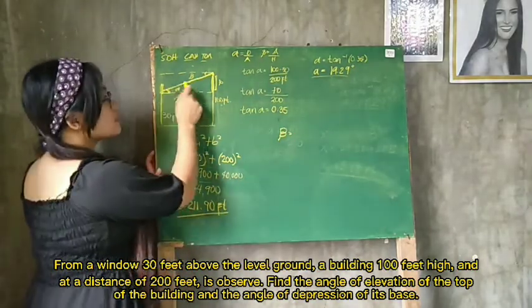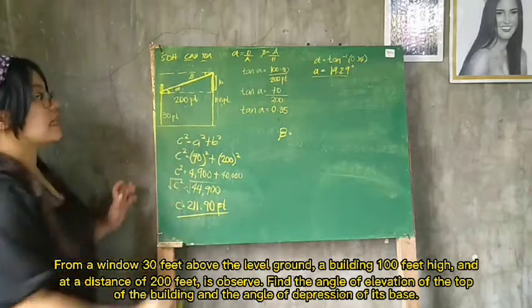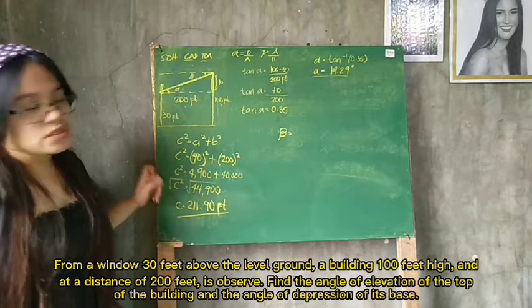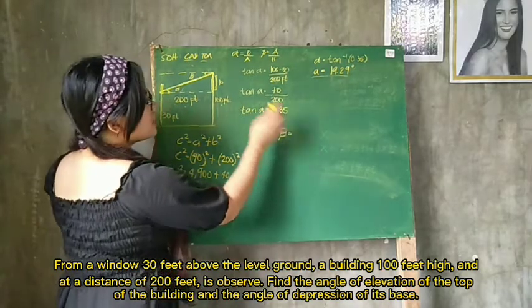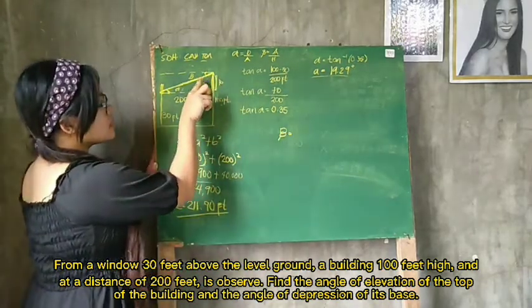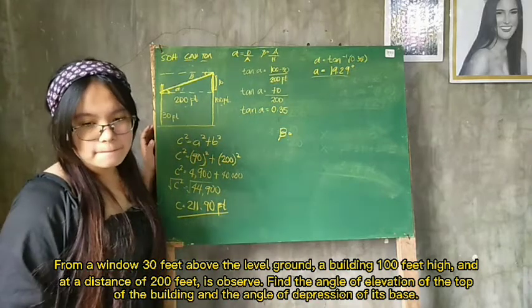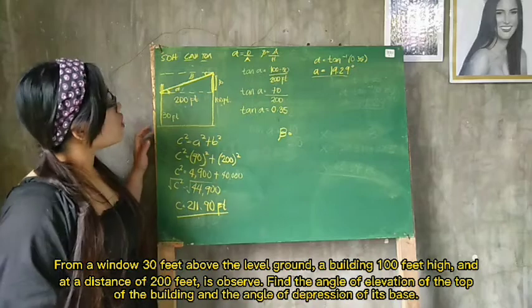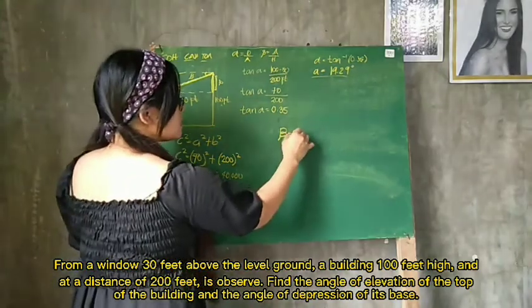Since we already have the length of this line, the hypotenuse, next is 200 feet, the adjacent, or let's say the x. We have 200 feet.